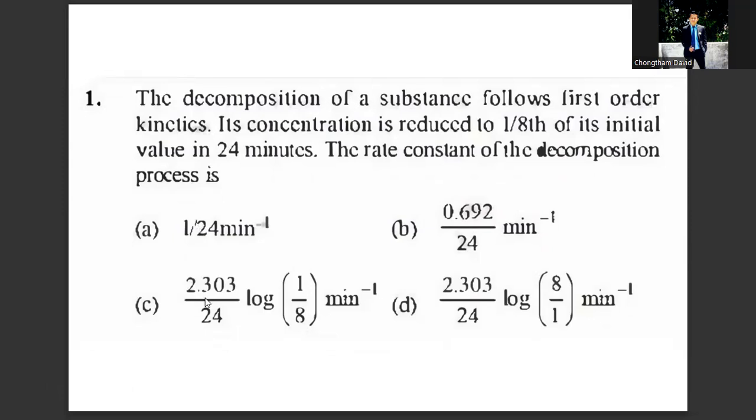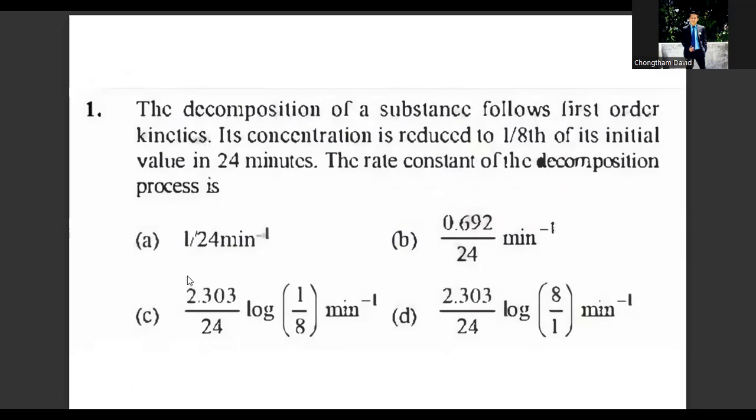You're given option A, 1 by 24 per minute; B, 0.692 by 24 per minute; in the third option, C, 2.303 divided by 24 log 1 by 8 per minute; and D, 2.303 by 24 log 8 by 1 per minute.